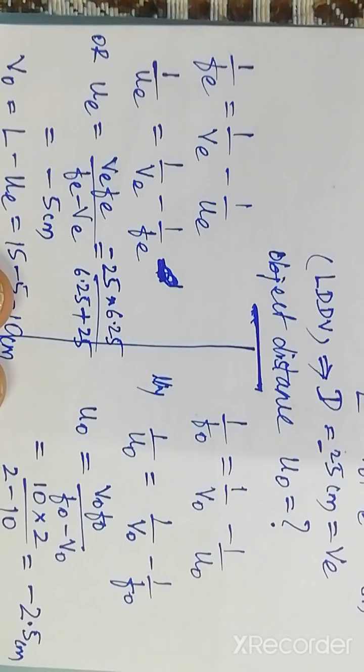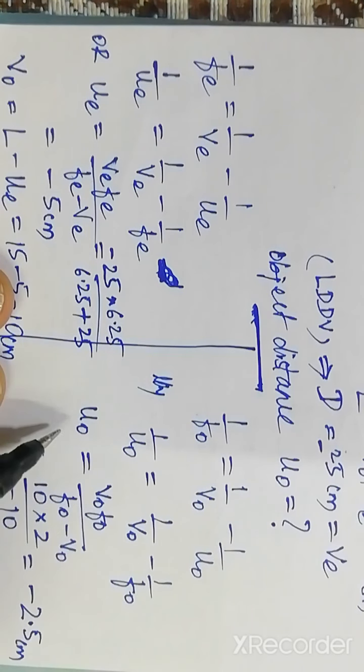So you have to take care that you apply the sign convention while substituting the values into the formula. So the UO comes out to be minus 2.5 centimeters. That is, object AB is to be placed 2.5 centimeter in front of objective lens.